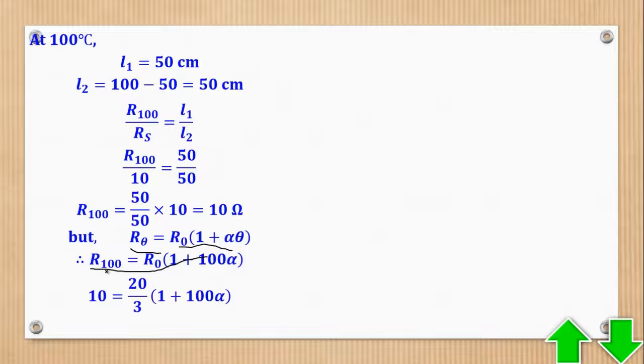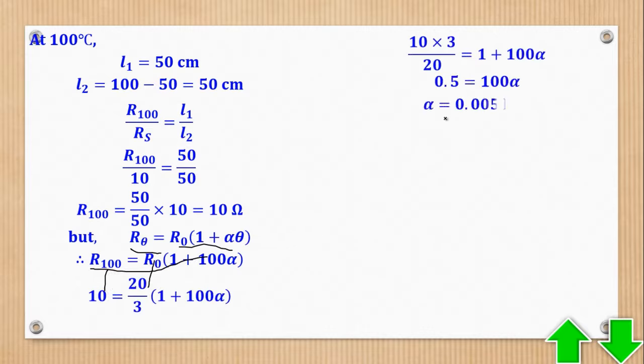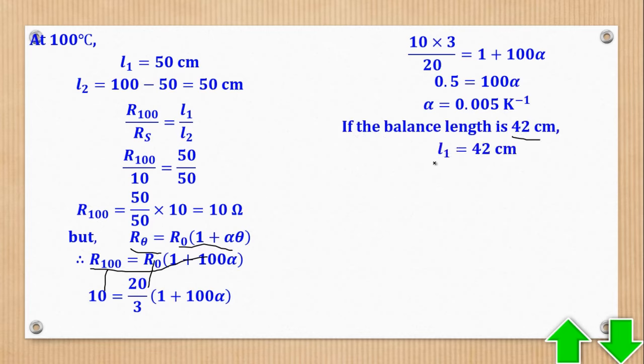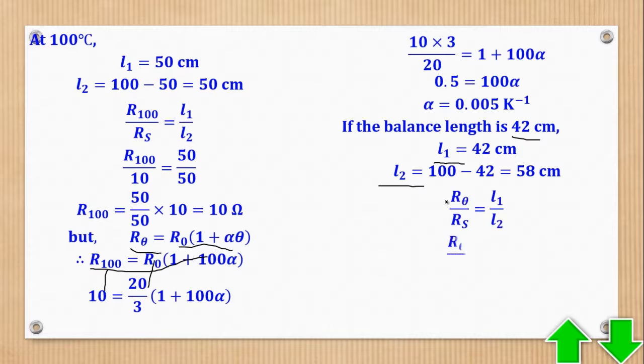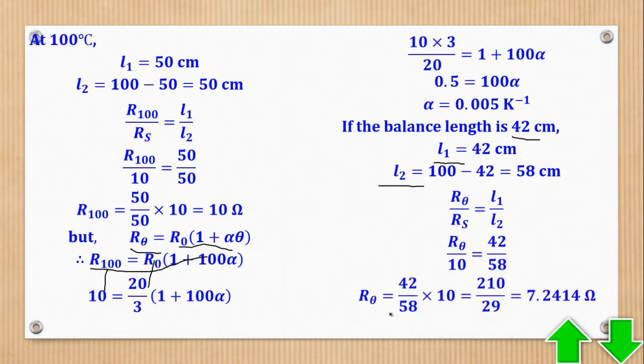So substitute for R100 and R0, and you'll be able to look for a way of making alpha the subject. And that's what they wanted. So if the balanced length is this, it implies that that is that, and also that is that. Therefore, balanced condition is that, and substitute, then get the value of r of theta.